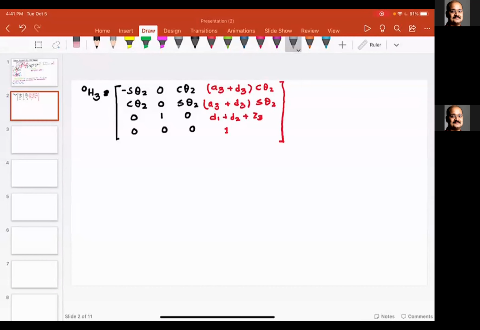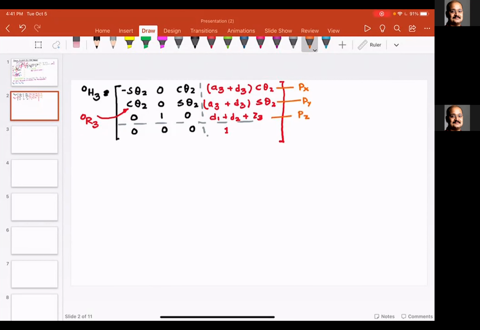So this part is the rotation matrix, this part is 0, R3, and this is px, py, and pz.